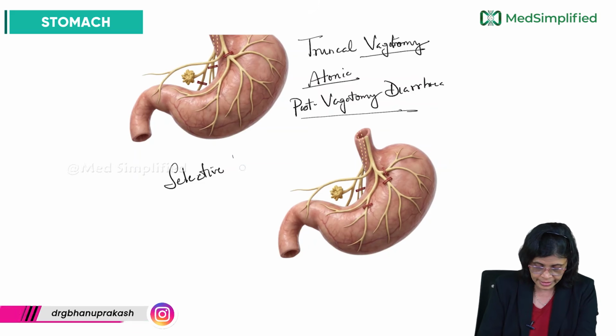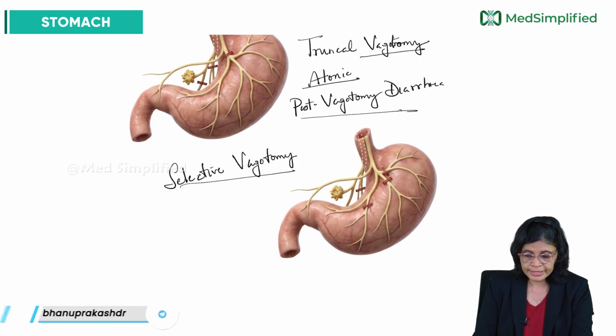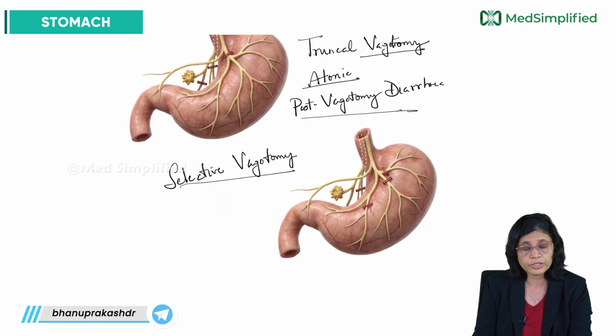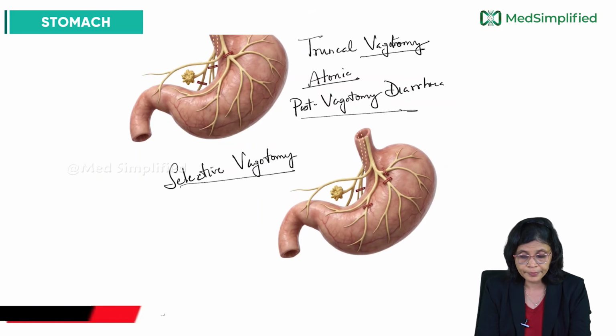Instead, we do this selective vagotomy. Now, this selective vagotomy sections the nerves of Latarjet. The nerves of Latarjet supply the stomach mainly. So here in selective vagotomy, we section the nerves of Latarjet of both anterior and posterior vagal trunk.